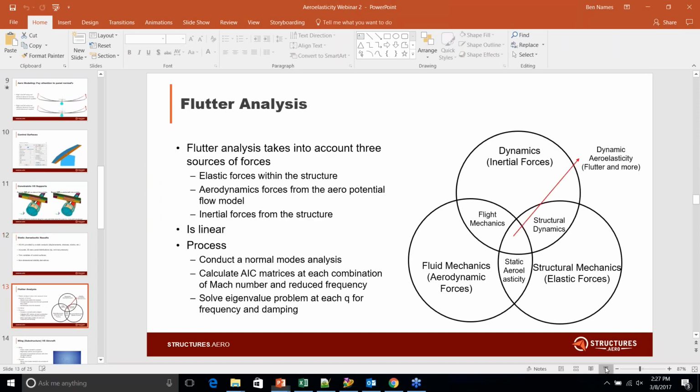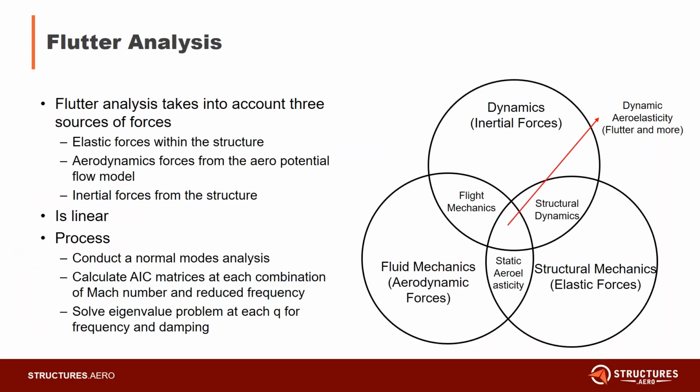All right. Now for some other cool stuff, let's talk about flutter analysis. Unlike static aeroelasticity, when we talk about flutter, we need to also include the inertial forces within the structure. So most of you probably know this as your mass matrix, that M matrix. Again, the process is generally, you conduct your normal modes analysis.